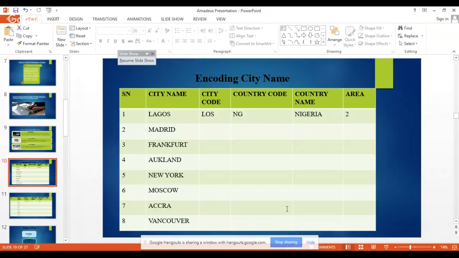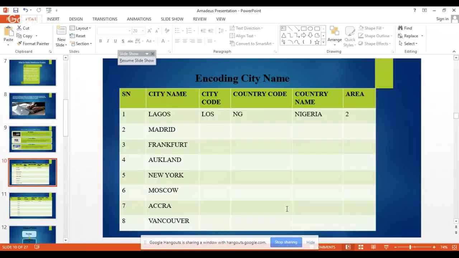The 7th one, we have Accra. The city code is ACC. The country code is GH. The country name is Ghana, and it's also in Area 2. It's in Africa. The last one, we have Vancouver. The city code for Vancouver is YVR.